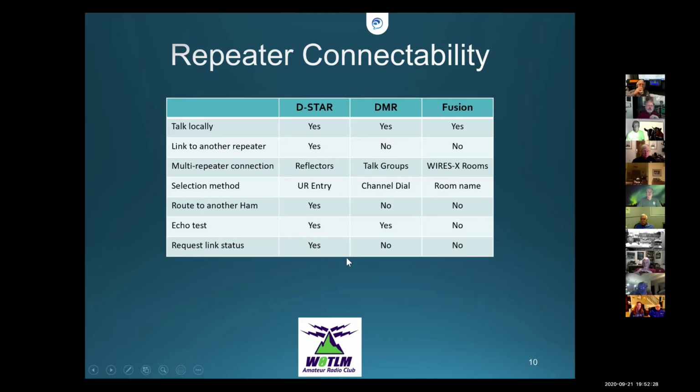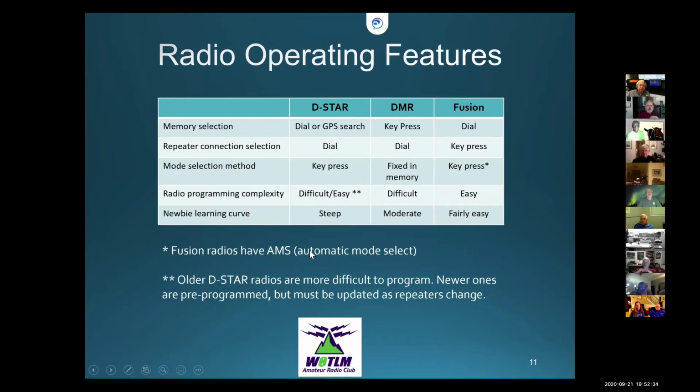We can kick over some of these other things like echo tests and so forth. I can show you what that looks like in a little bit here. Memory selection basically is a menu on the radio. All of them kind of work that way. Difficulty programming. This is kind of a different one. The older D-Star radios were kind of a pain to program.